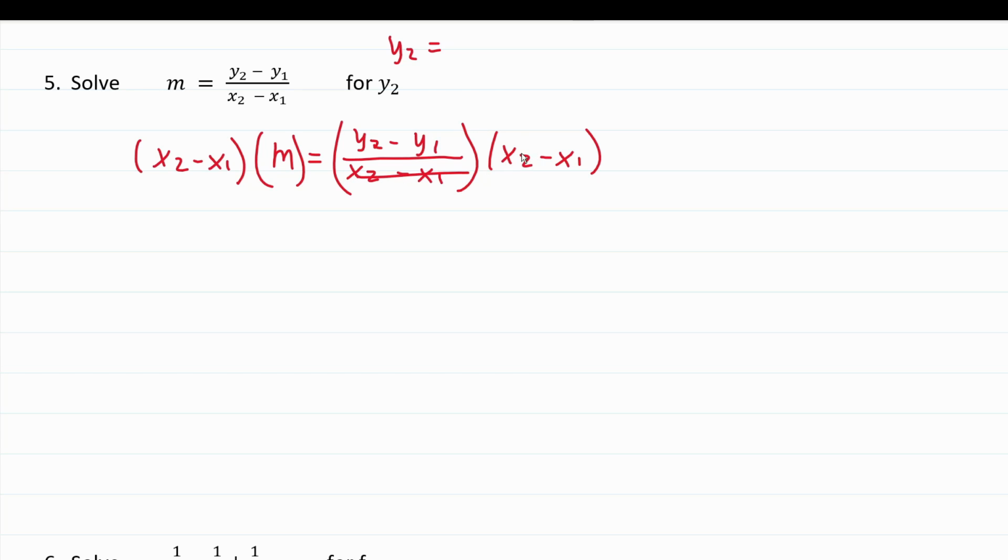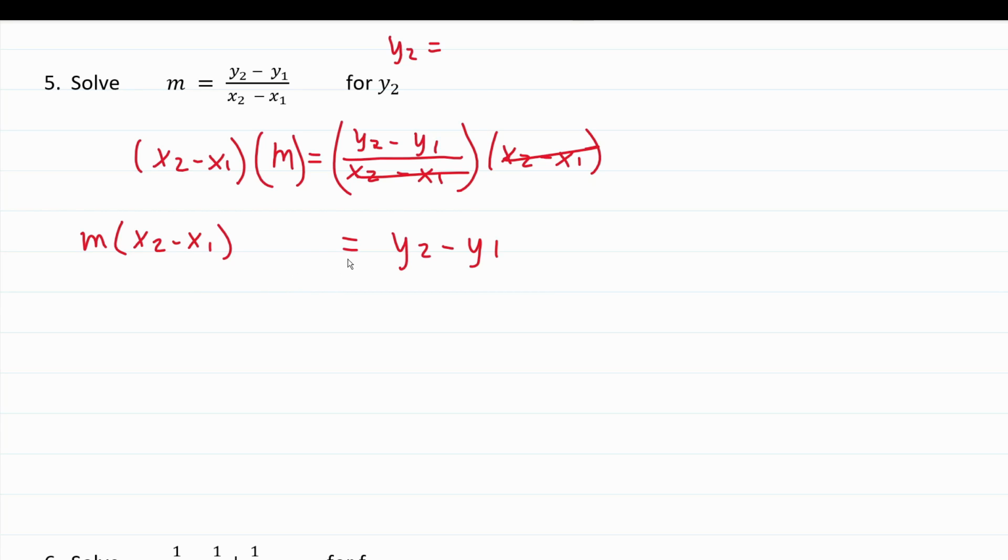This will cross out here and here, and this just leaves you with y2 minus y1 over here. And you could leave this like this, and I'm going to do that just for the time being. Again, over here we have x2 minus x1. Again, this is all times m.